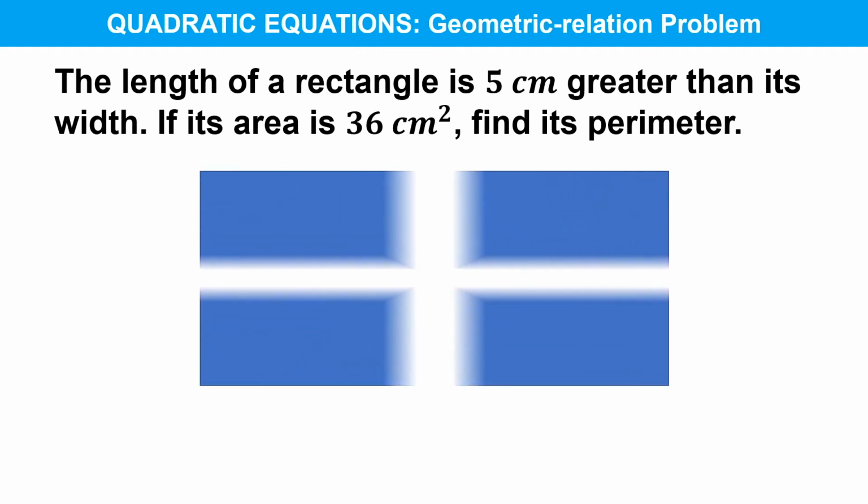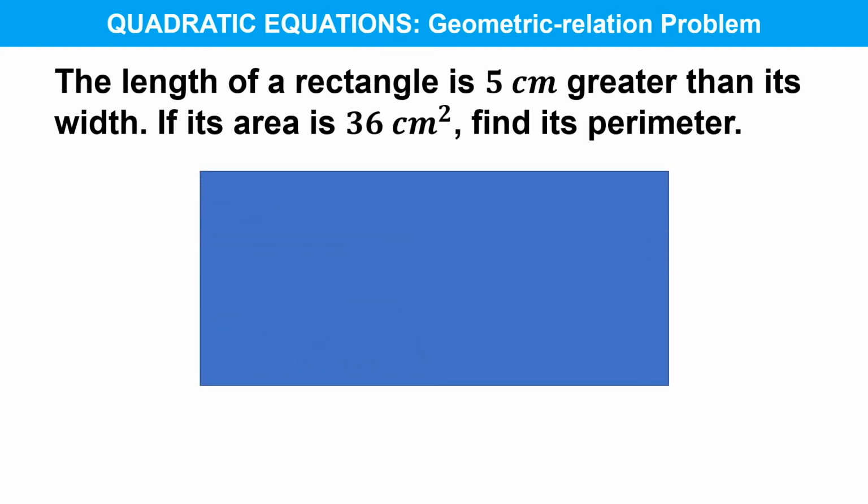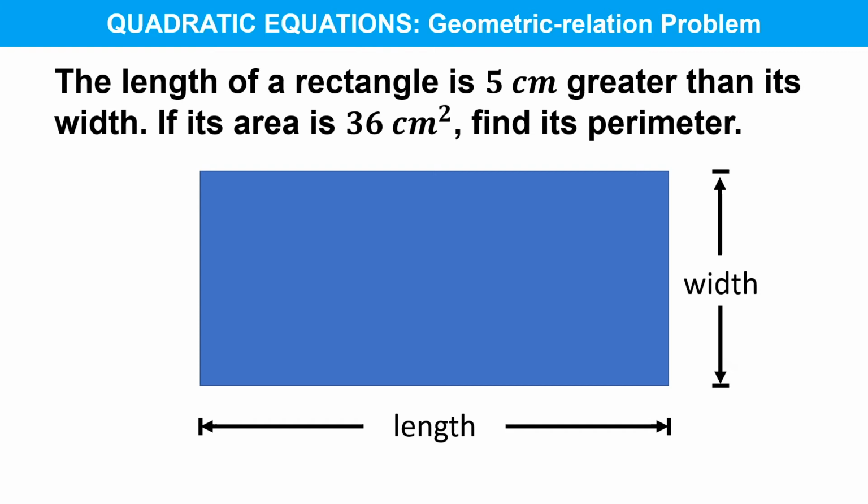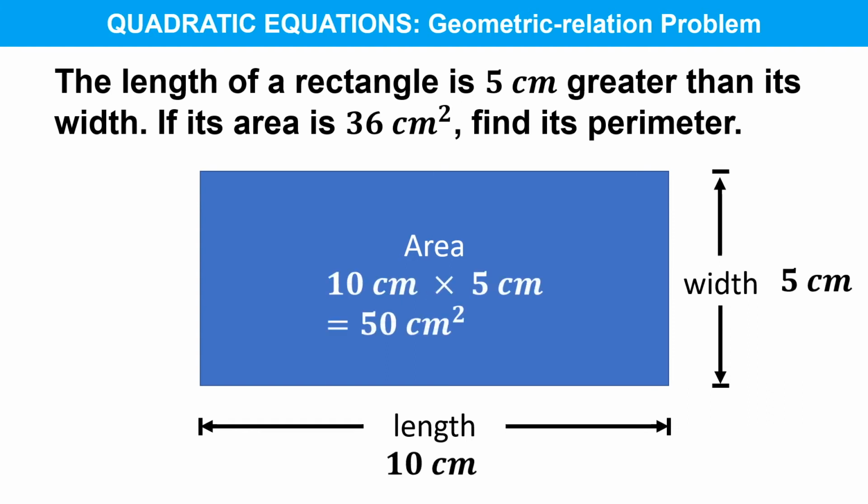In the problem, a rectangle is given. Its length is 5 centimeters greater than its width, and its area is 36 square centimeters. For example, if its length is 10 centimeters, its width is 5, but its area is 50 square centimeters.